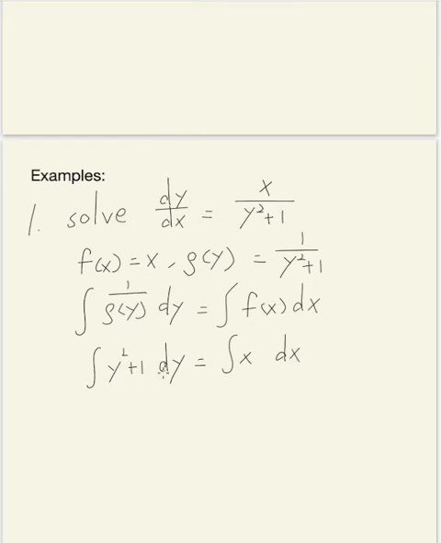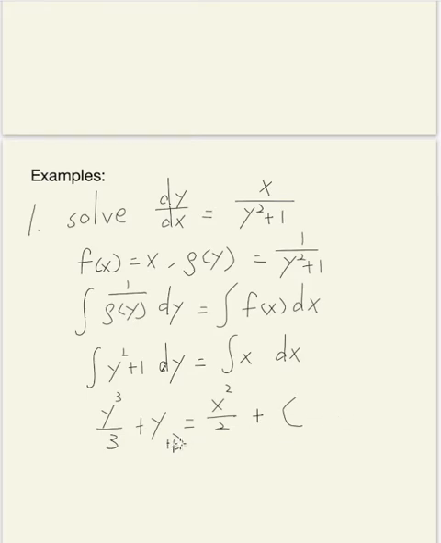Now, remember that both of them are indefinite integrals, so you'll get a plus c at the end. The left hand side is y cubed over 3 plus y, and the right hand side is x squared over 2 plus c. We only need one arbitrary constant c, because if you add another arbitrary constant d right here, all you have to do is just subtract d on both sides.